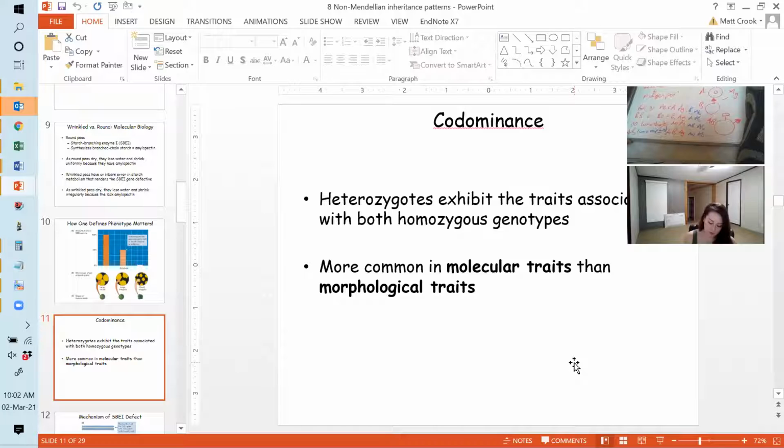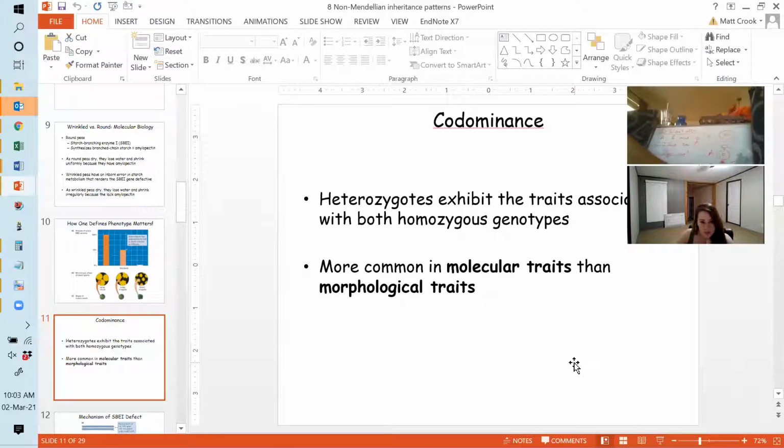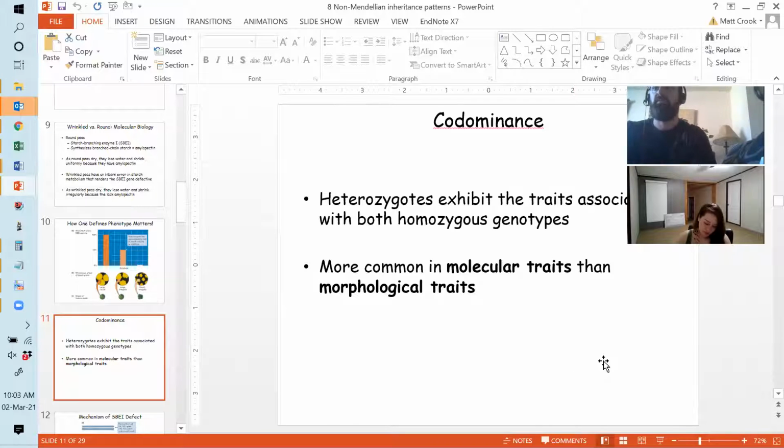And that's what codominance is all about. And that's why it's such a pain to find good examples of that, right? Because there are very, very few of them.